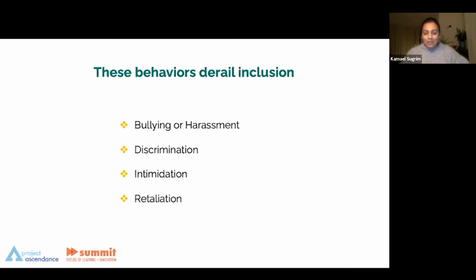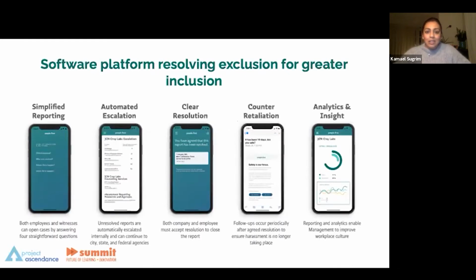So People First, as I mentioned, is a software platform that looks at achieving greater inclusion for organizations by helping them measure exclusion. We have a very simplified way of allowing employees to report any type of discrimination, harassment, bullying, or retaliation that they're experiencing.